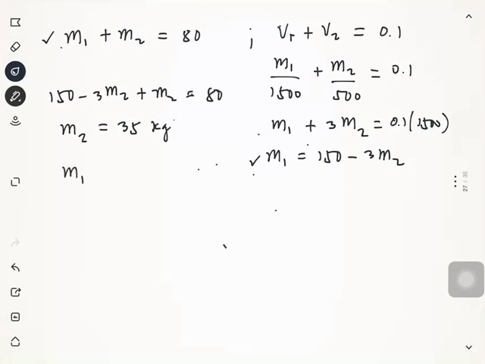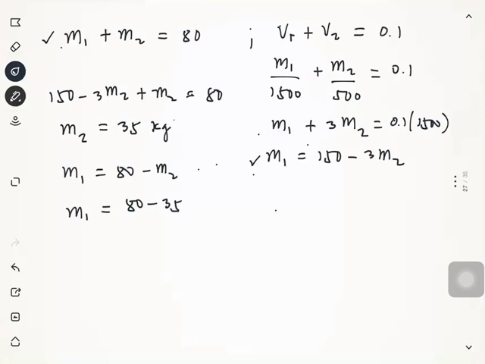So we have the mass m2. We can now solve for our mass m1. m1 is equivalent to 80 minus m2.